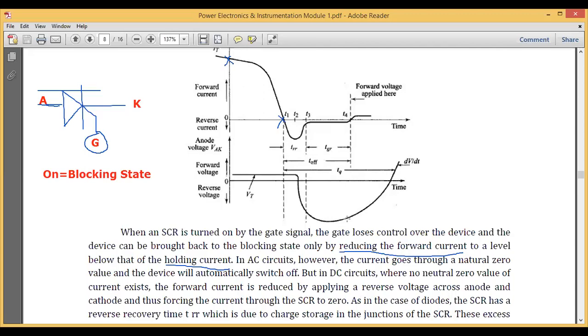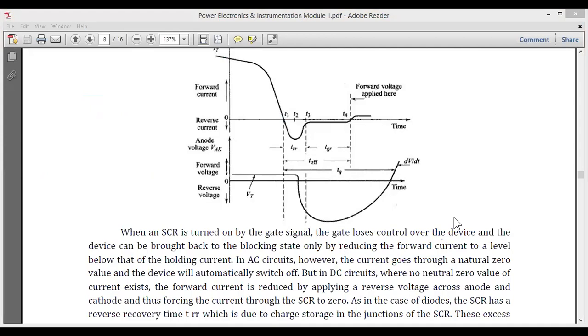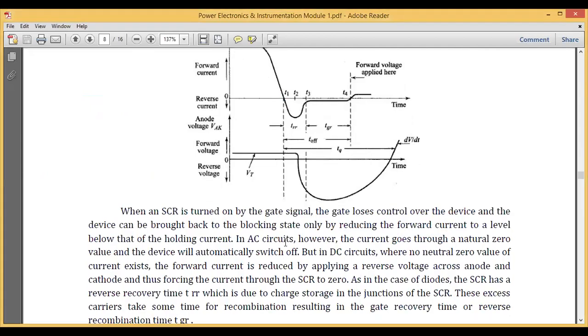In SCR or thyristor theory, in AC circuits, the current goes through a natural zero value, and the device will automatically switch off. This is the fundamental fact.